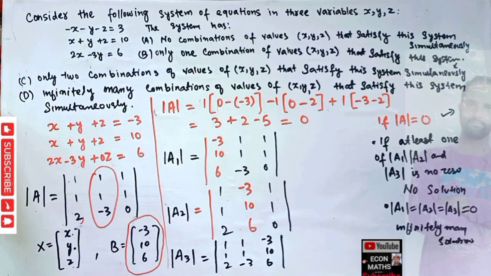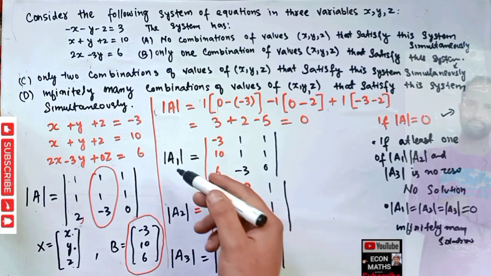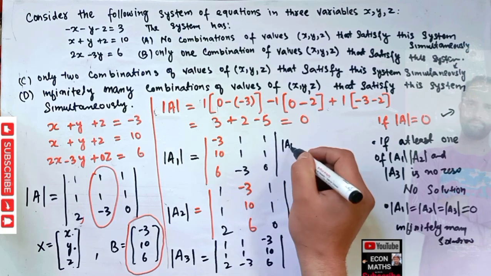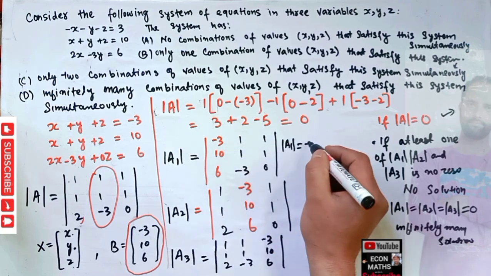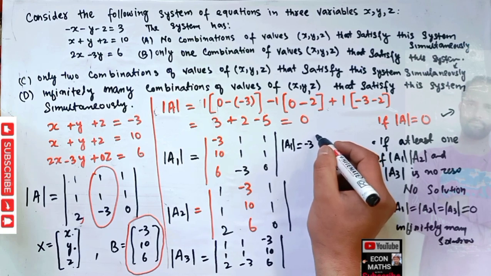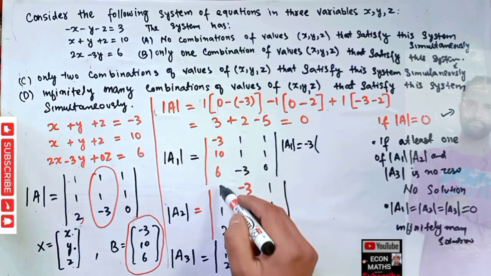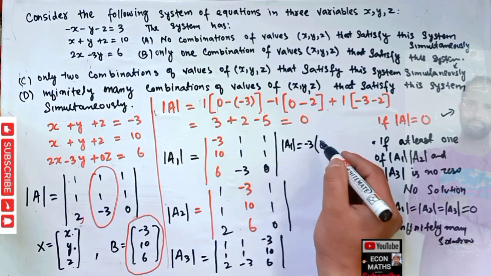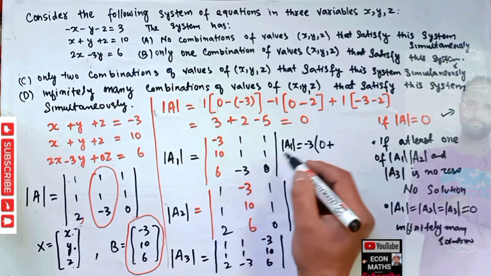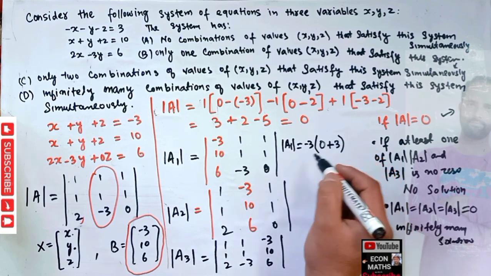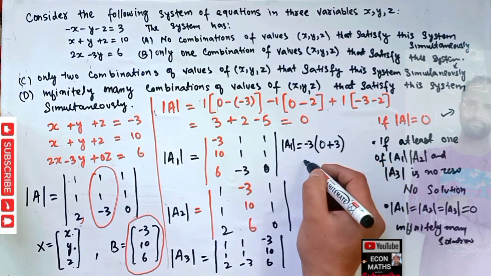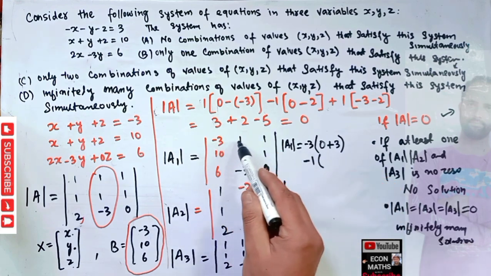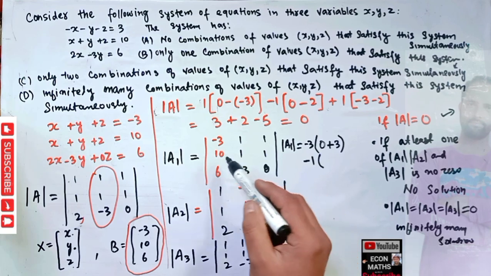Okay, so now let's take the determinant of this very a1 here. How do we find the determinant? Same process. First we write -3. Mentally delete this row and this column and take the determinant of the remaining elements. So 1 zeros are 0, then minus minus is plus, we get a 3. Then we have -1. Now we need to mentally delete this row and this column and take the determinant of the remaining elements.